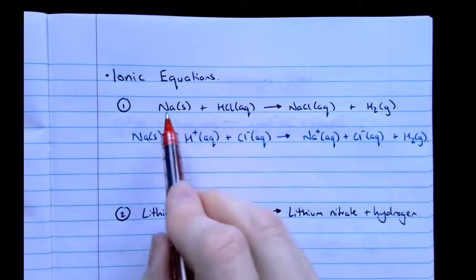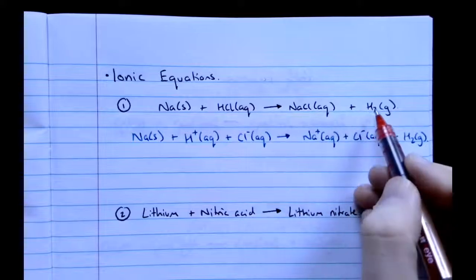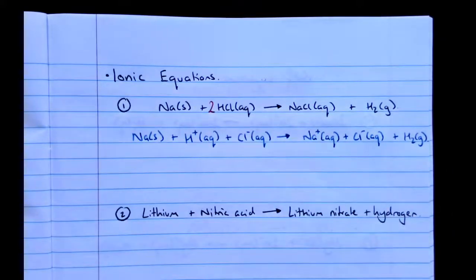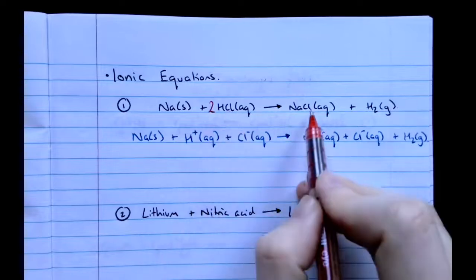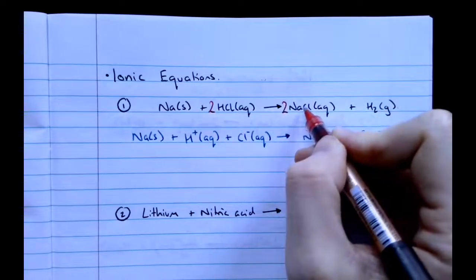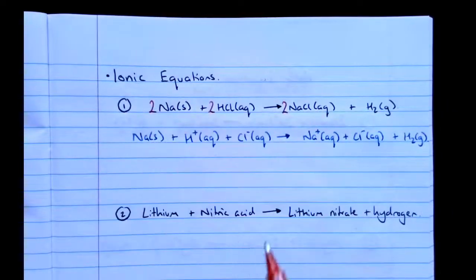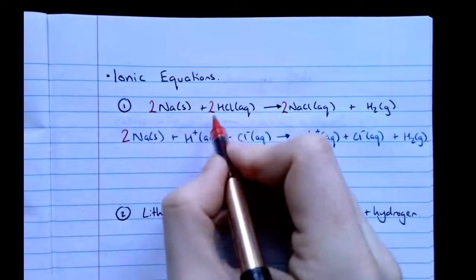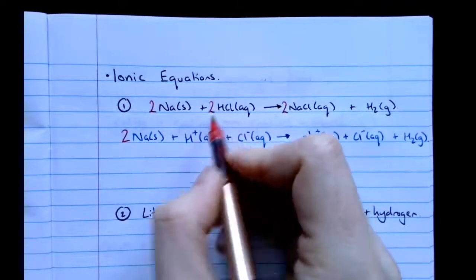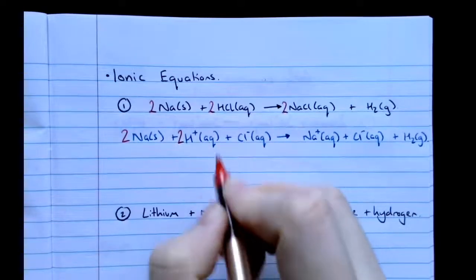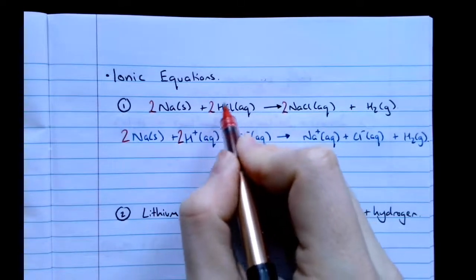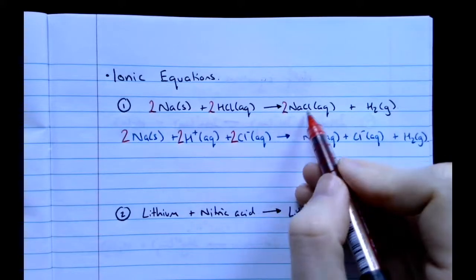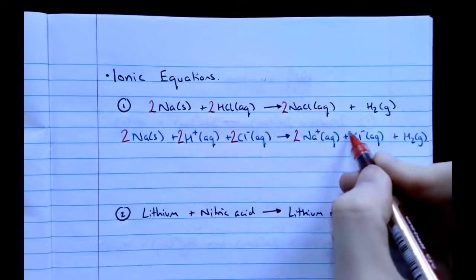First thing you should always do is balance the equation. So I've got 2 hydrogens here, which means I need 2 HCl there. If I've got 2 chlorines here, I need to have 2 chlorines there. And now I've got 2 sodiums, so I need a sodium there. Now, 2 sodiums, 2 sodiums. 2 hydrochloric acids is going to produce 2 H plus ions. 2 hydrochloric acids is going to produce 2 chloride ions. Sodium chloride, I'm going to get 2 of those and 2 of those.